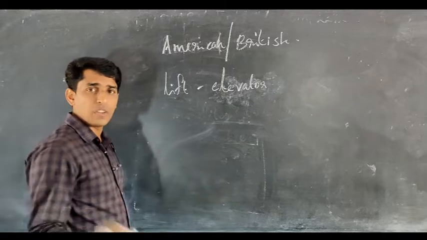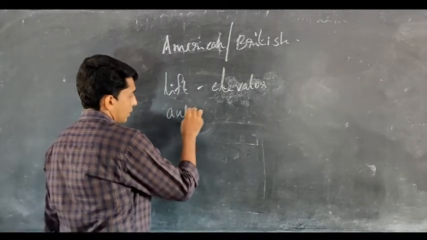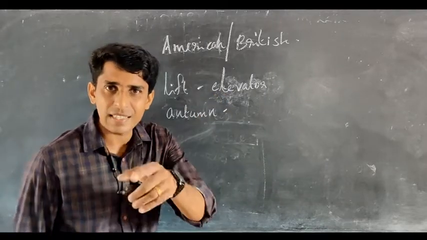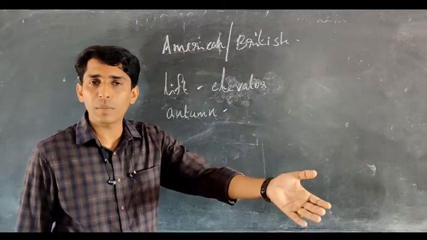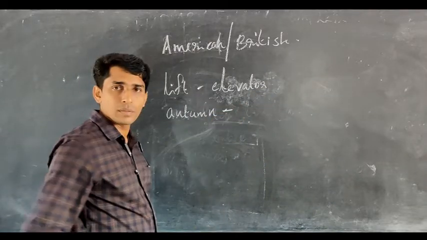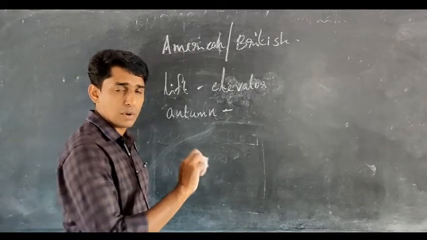See, we have autumn. What is autumn? This is a season. Spring, winter, autumn, season. This is British English. Okay, autumn is in British English. In the first chapter, we saw about different seasons.